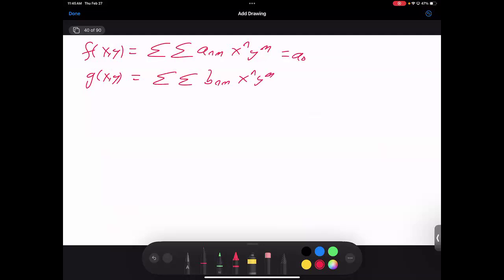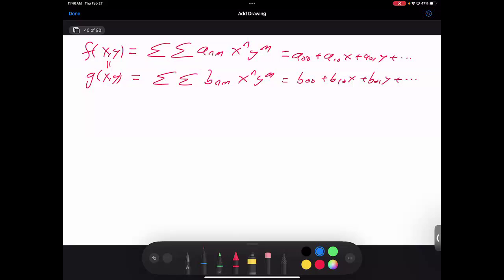So this would be a00 plus a10x plus a01y plus dot dot dot. This would be b00 plus b10x plus b01y plus dot dot dot. What can you deduce, if, of course, these are equal? What can we deduce if they're equal?